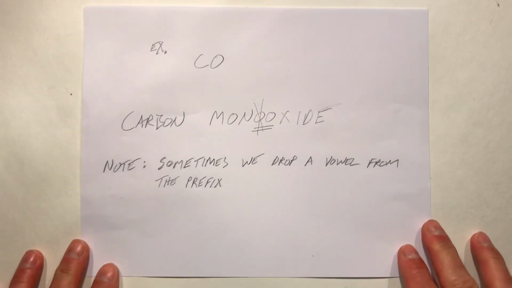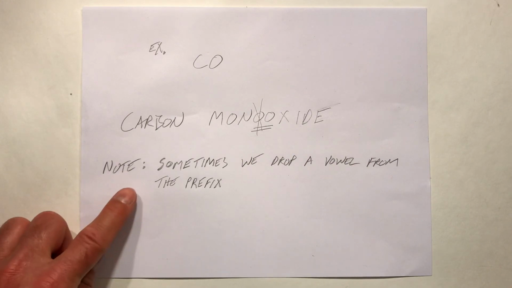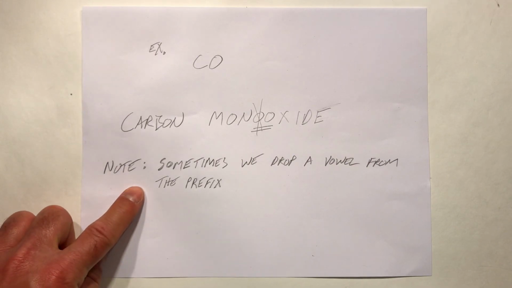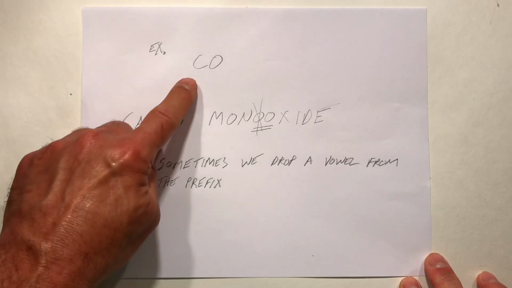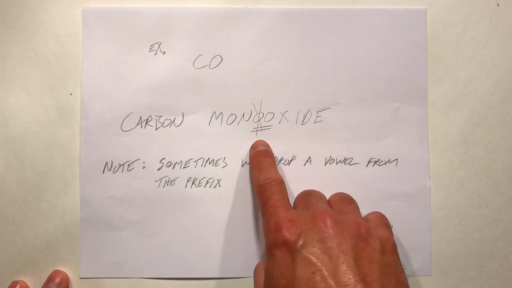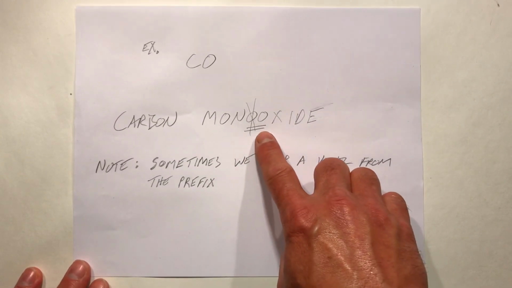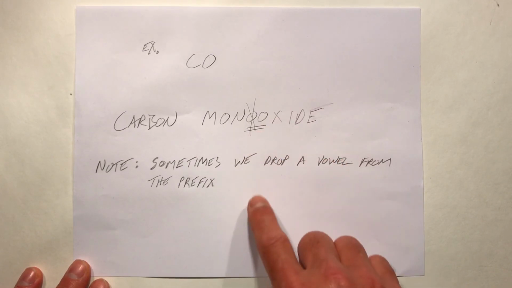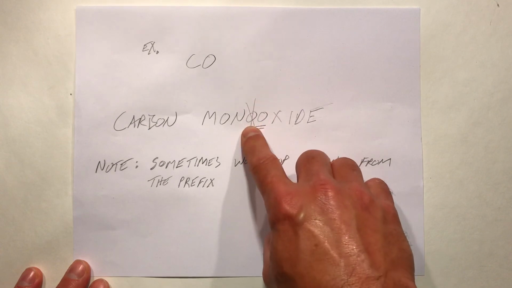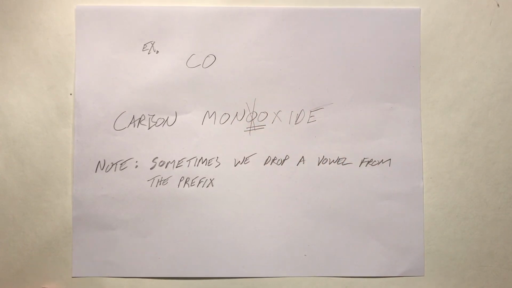There is one point I'd like to make, and you maybe have noticed this. We sometimes drop a vowel from the prefix. Notice that CO is carbon monoxide. We don't call it carbon monooxide because reading that out, you might be tempted to write that as monooxide. So we sometimes drop a vowel at the end of the prefix to avoid that weird kind of pronunciation thing.